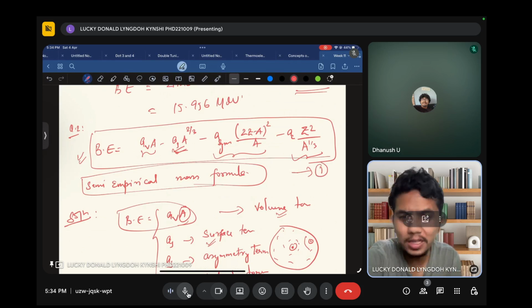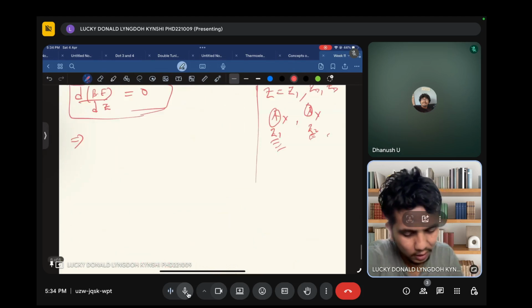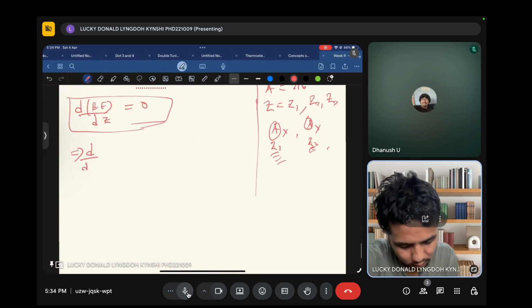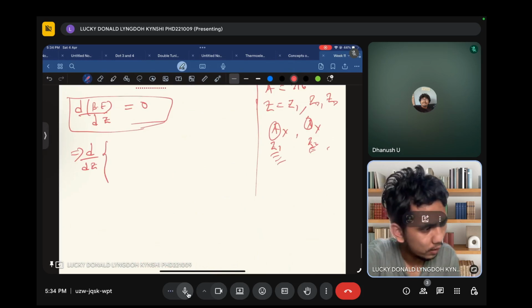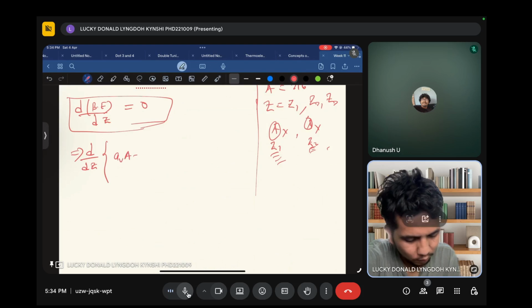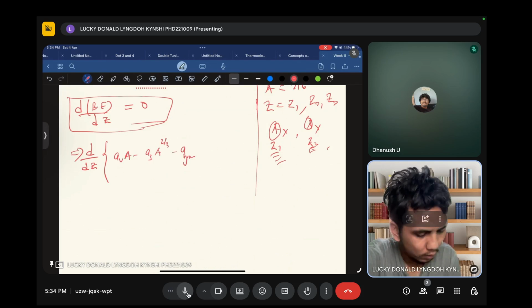The first and second terms have no Z term, so they go to 0. Only the third and fourth terms have the variable Z, so you differentiate those. The third term is minus a asymmetry times (A minus 2Z) whole squared over A, and the fourth is minus a Coulomb times Z squared over A to the power 1 by 3.